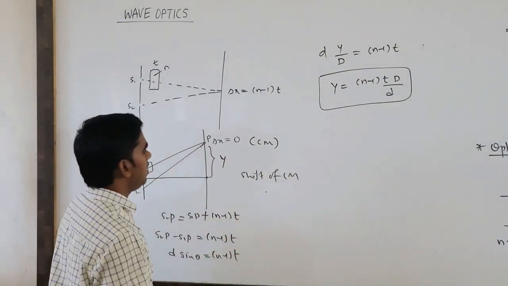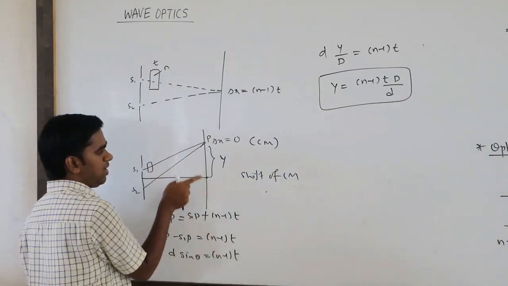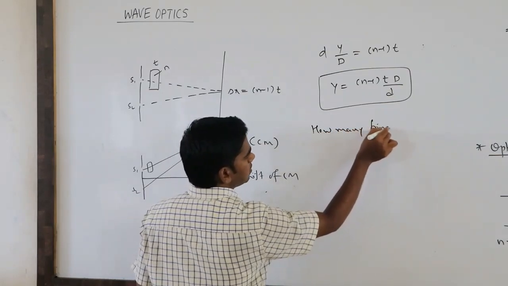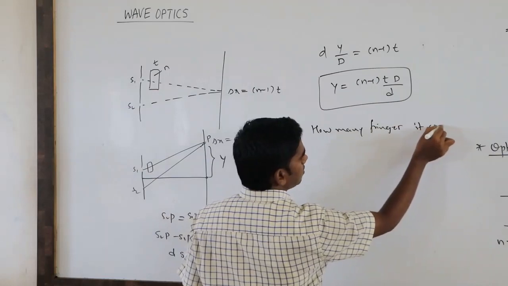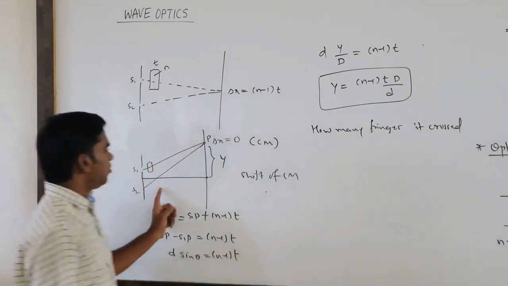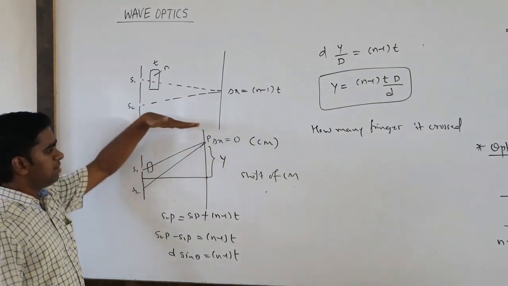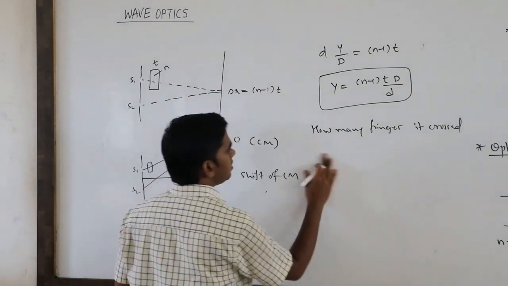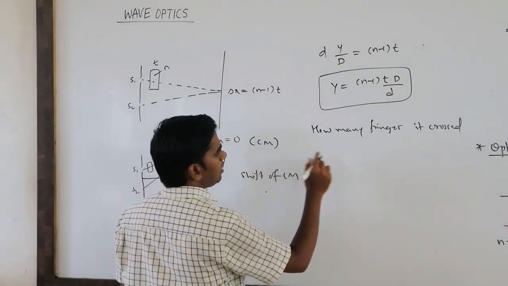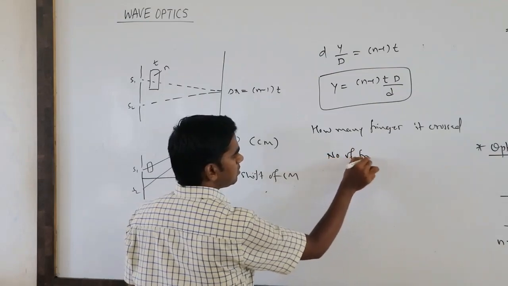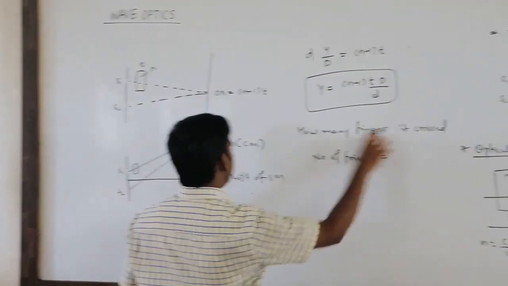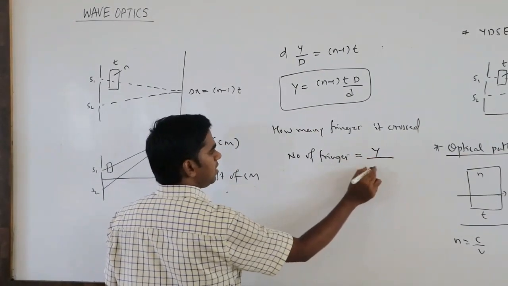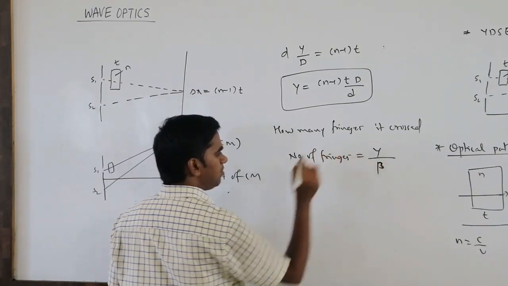Then they may ask how many fringes it has crossed when it is shifted. When you introduce the glass slab, your central maximum will shift, and in between it may cross many maxima or minima. So the number of fringes crossed equals the total distance it shifted divided by the width of one fringe, that is beta.